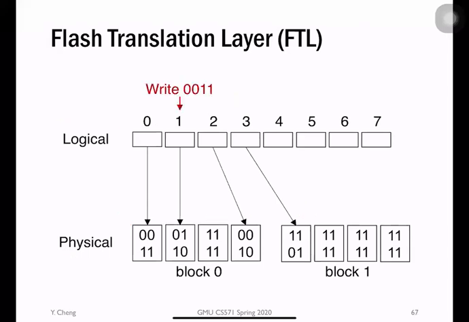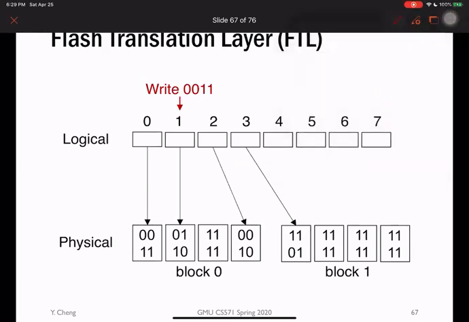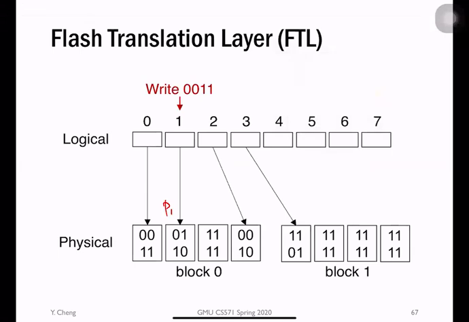Let's see, given the existence of the logical flash translation layer, FTL, how random writes get more efficiently supported. In this example, at a certain point in time, the application or the file system wants to write new data, 0011, into physical page number 1, which gets mapped to logical page number 1 as well. So what the flash translation layer does is try to identify a free block.